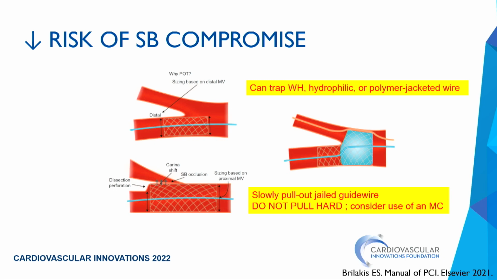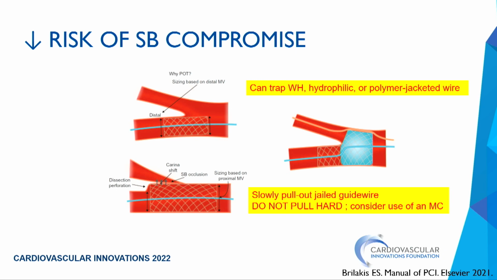The top left figure shows appropriate sizing of the stent to the distal reference diameter, whereas the bottom left is sizing it to the proximal. What happens, as Lorenzo talked about, is carina shift, and carina shift can cause stenosis of the side branch. Perhaps plaque shift can also cause distal main vessel dissection or perforation.